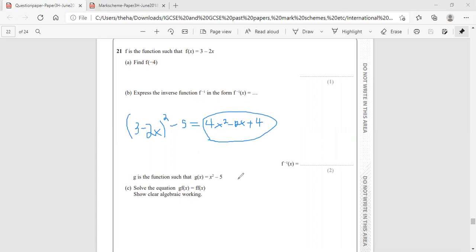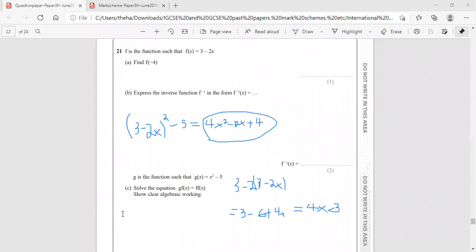So ff of x is going to be 3 minus 2 of 3 minus 2x, okay? Sorry about that. So that equals 3 minus 6 plus 4x, which is equal to 4x minus 3.